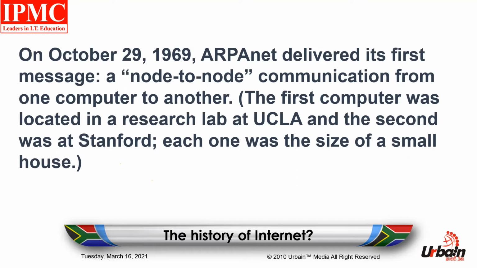And that's what we used to call node-to-node communication, right? From one computer to another. And the first computer was located in a research lab, and another one in one of the departments that they had. They had small houses where they were doing these kinds of things.